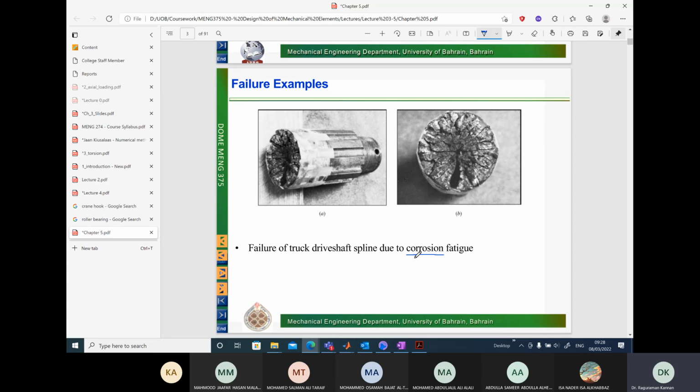Maybe it is combined with corrosion, temperature effects, and some other effects, and then leads to failure of the material. In this case, corrosion has led to a change in properties of the material. The material probably became brittle due to corrosion effects, and then you had fatigue failure.